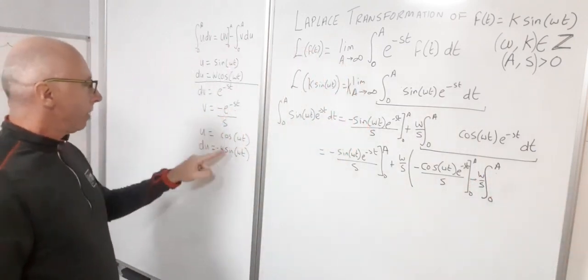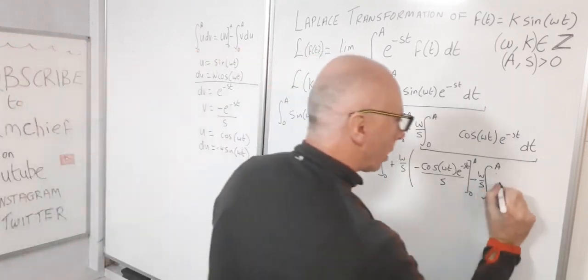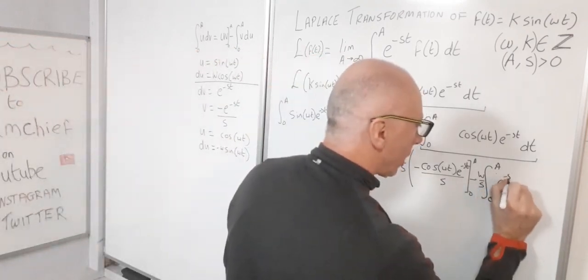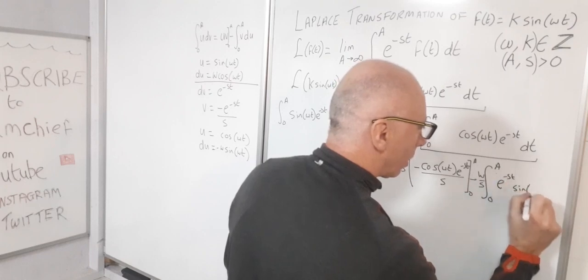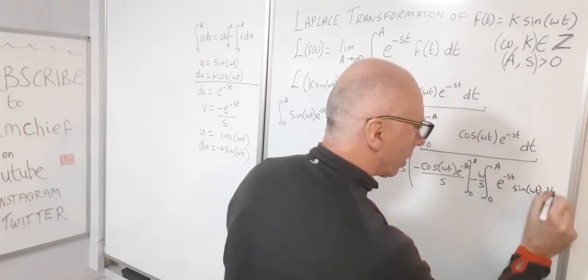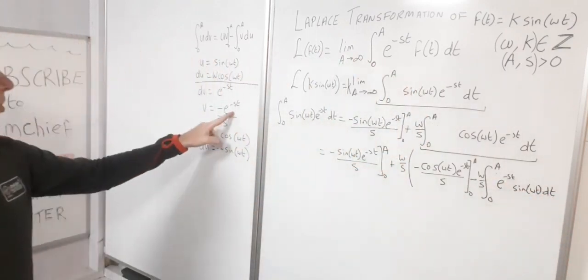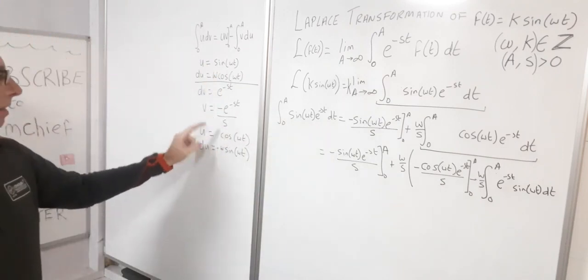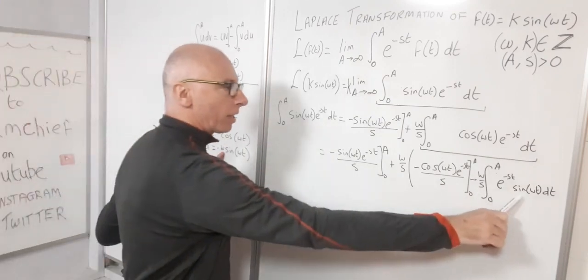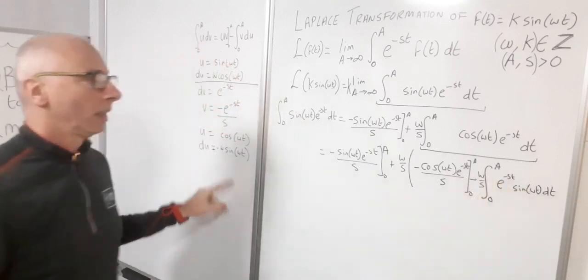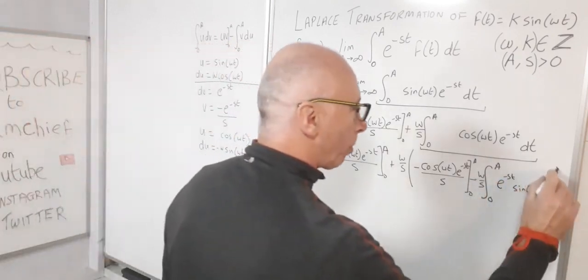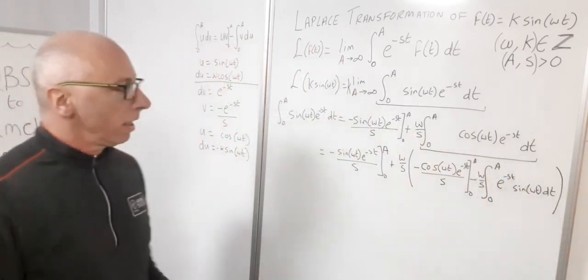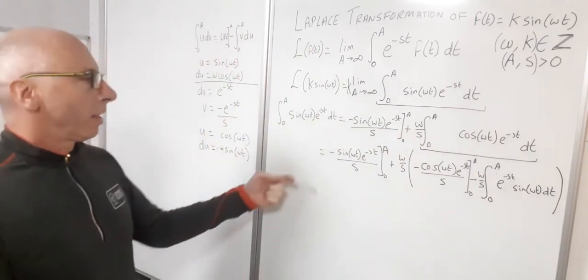And e to the minus st sine wt dt. So let's just check, make sure we've got everything in there. The s and the w I've taken out. e to the minus st sine wt dt. Okay, so then put a bracket around that. That's my integration by parts.